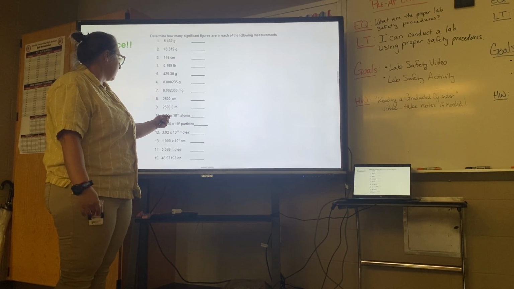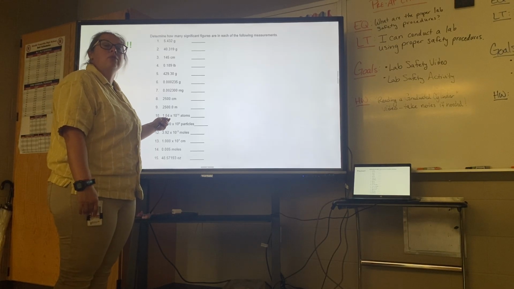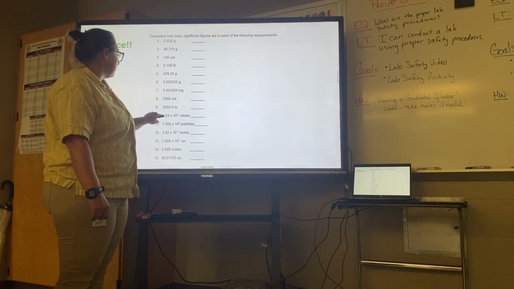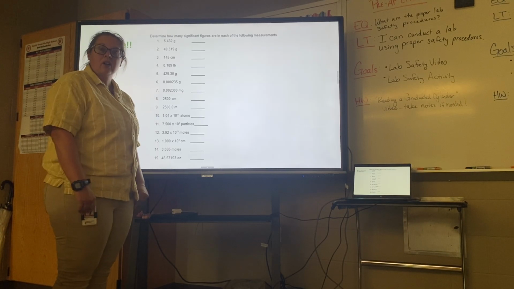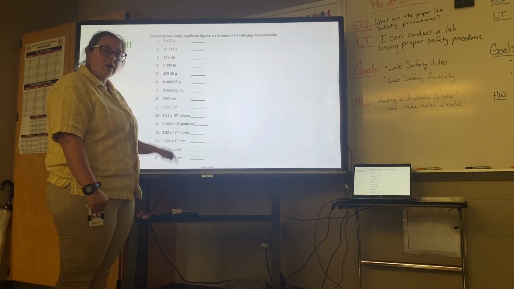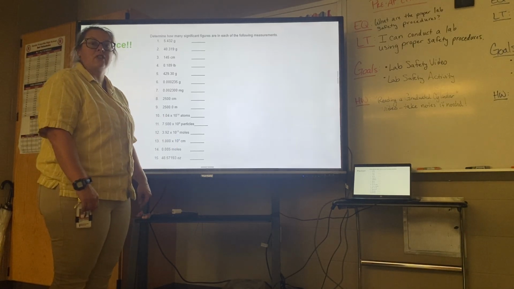I'm still just looking at this number here to determine how many significant figures we have. So I would just be looking at 1.04 to determine its significant figures, 7.500 to determine the significant figures, and go from there.